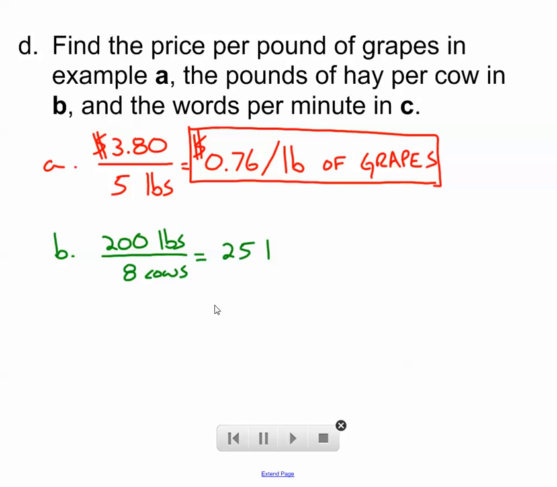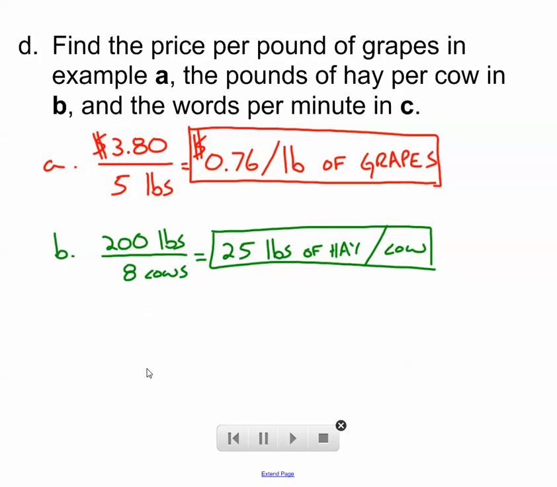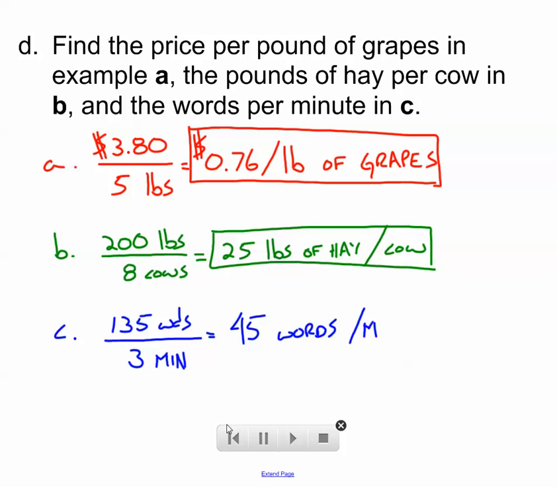So 25 pounds of hay per cow. And the last one, words per minute. So we're going to go words over minutes. It was 135 words that could be typed in 3 minutes. Words over minutes. So we'll divide 135 by 3. And that is 45 words that she could type per minute.